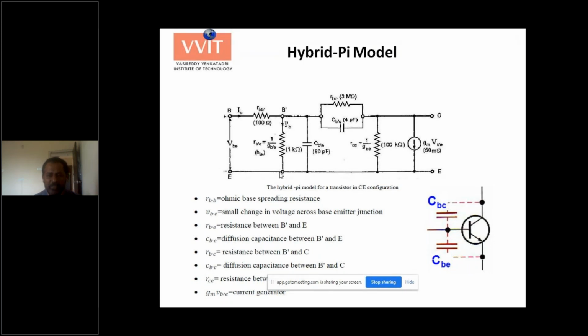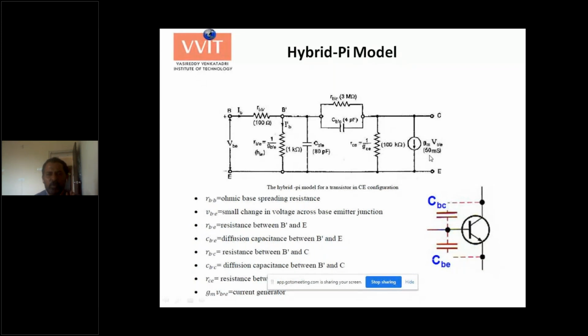Output current IC depends on input current IB or IE, like that. So that means we expect a current source whose value should depend on input current. But in this model, it was shown as gm VB'E, which sometimes may make us mistake the transistor for a voltage controlled current device. It's not like that. It's a current controlled current device.